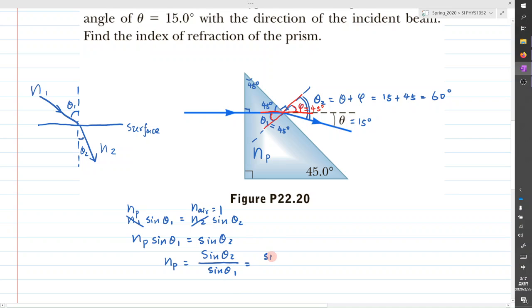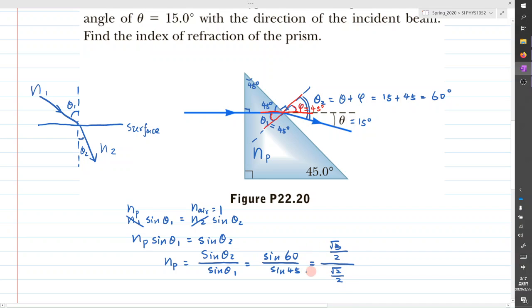This is sine 60 over sine 45, giving us square root of 3 over 2 over square root of 2 over 2.